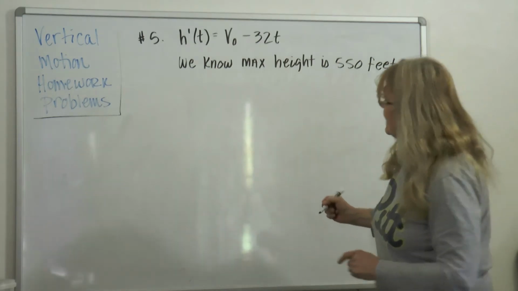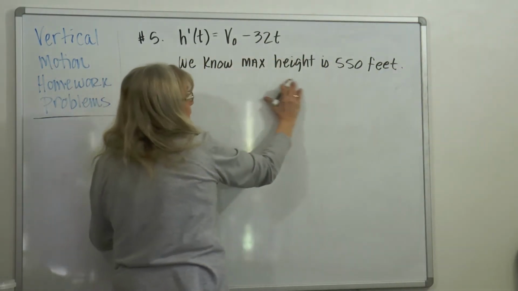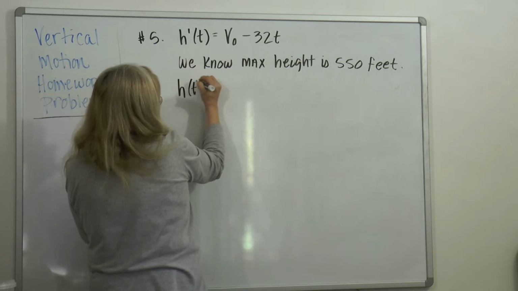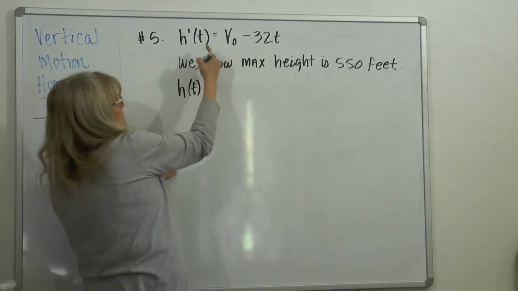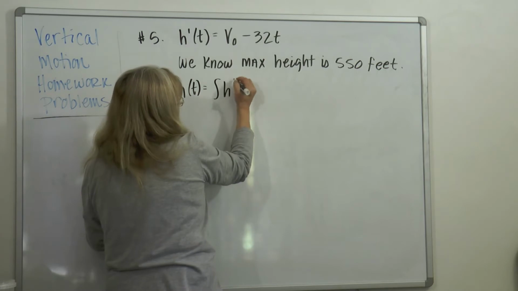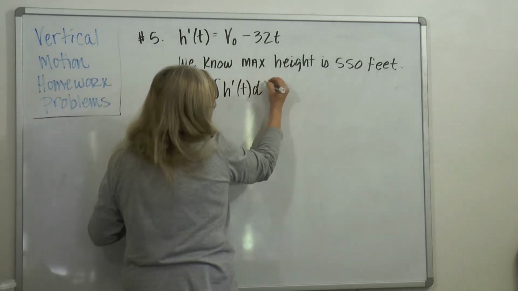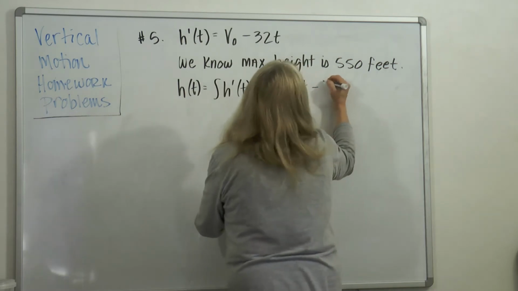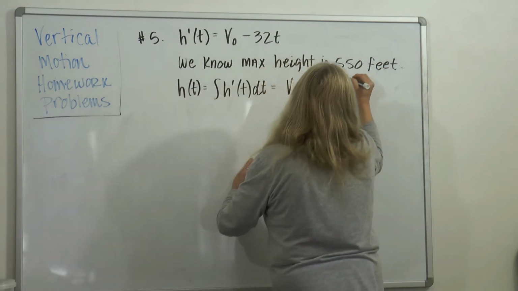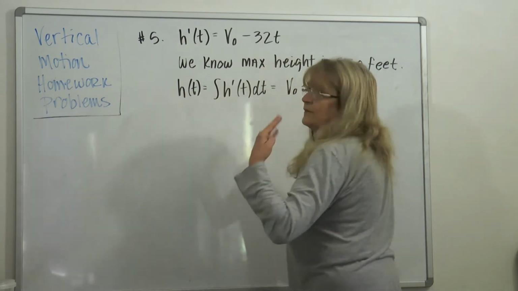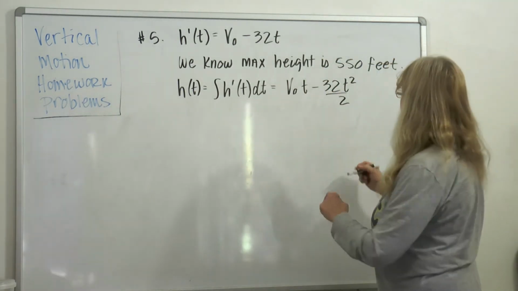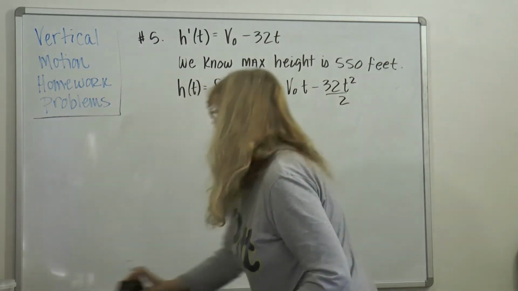So, okay. So let's get our position function. And we do that by integrating our velocity function. So it's v sub naught t minus 32t squared over 2. This is going from the ground, so my plus c is just 0. Okay? And again, we can reduce that.